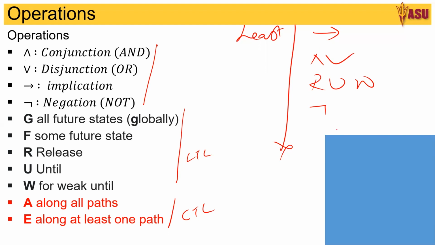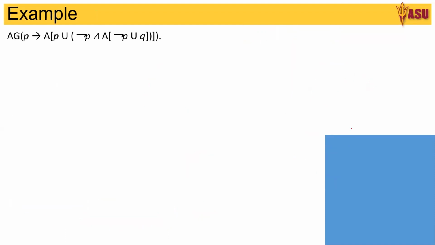So you have a not, and then you have G and F, you have A and E, and finally you have the brackets. So this is the order of operator precedence. Now, having covered this, let's look at how the parse tree for this formula would come out.